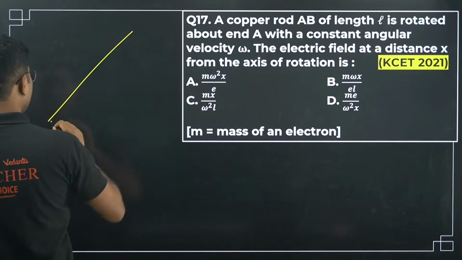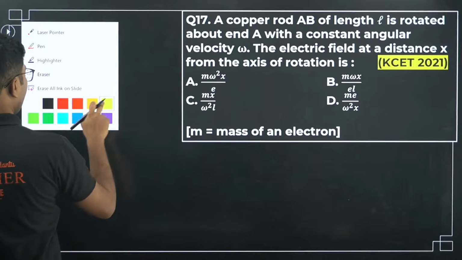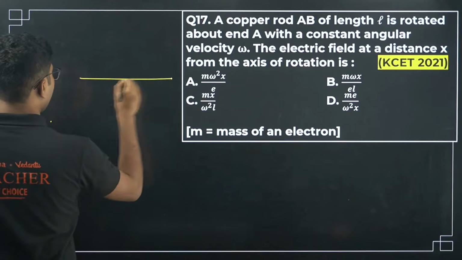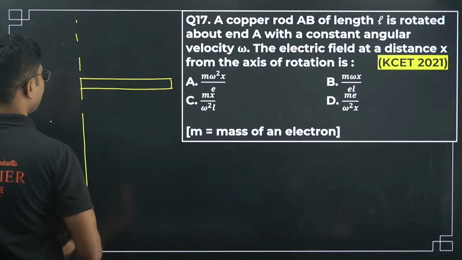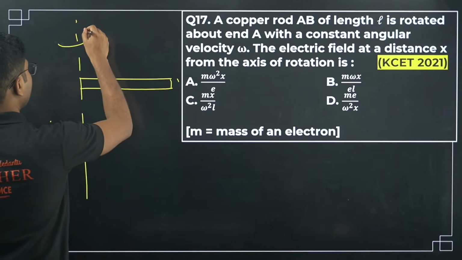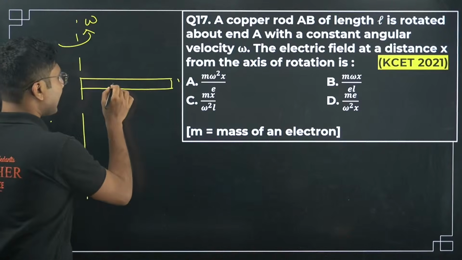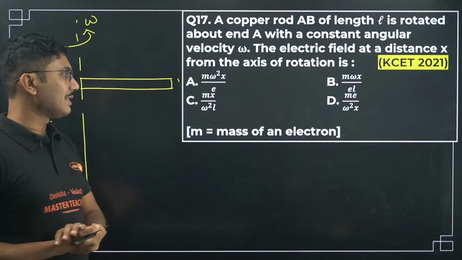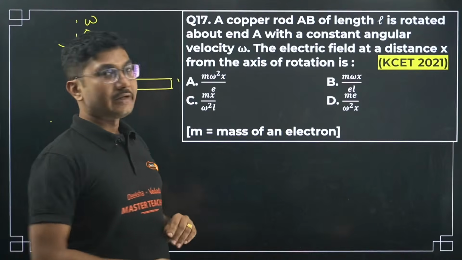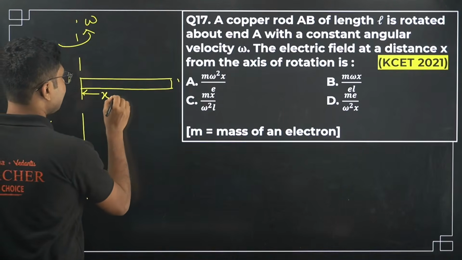Suppose a rod is rotated across some axis in this direction with a constant angular velocity omega. There will be an electric field developed inside this rod. That is the electric field we are trying to find, and they asked you to find the electric field at a distance x.